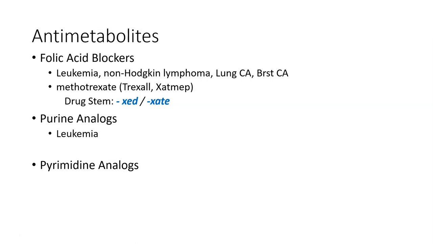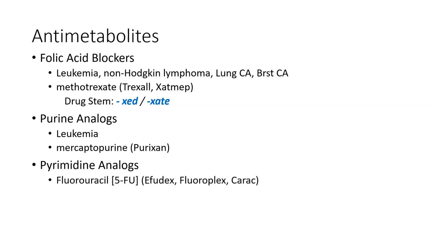Your purine analogs are used to treat leukemia, and the prototype drug is mercaptopurine, which is known as Purixan. And then your pyrimidine analogs, fluorouracil, which is kind of challenging to say. It's commonly referred to as 5-FU, and it's known by brand names of Efudex, Fluoroplex, and Carac.